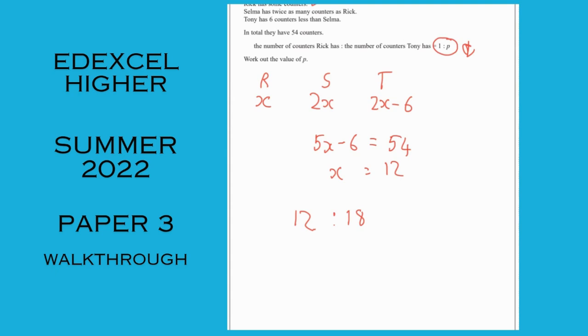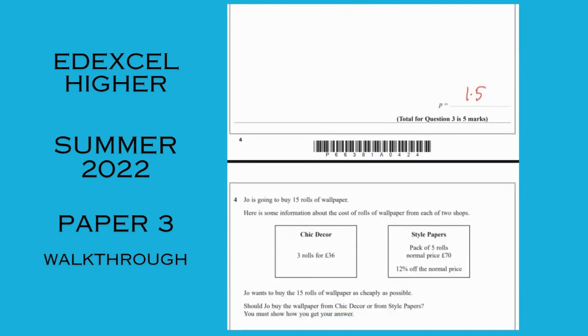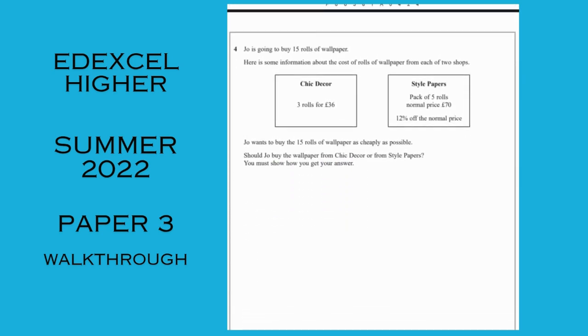It wants it in the form of 1 to P. So to get 1 on the left-hand side, you must divide by 12. Dividing the right-hand side by 12 gives you 1.5, in fact. Slight misread, it just wants the P of 1.5. Not a fan.